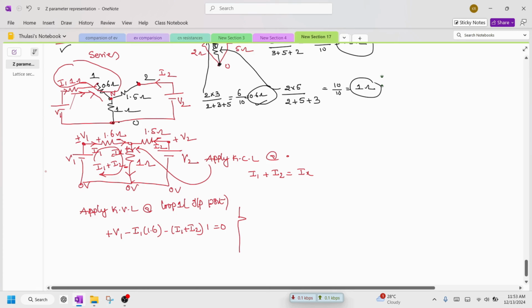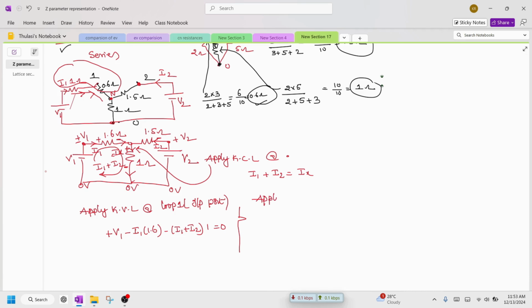Again, apply Kirchhoff's voltage law at loop 2. In this loop, the leaving polarity of the voltage is plus V2, minus the current I2 into the resistance 1.5 ohm, and in this branch the current is I1 plus I2, with leaving polarity minus, which is I1 plus I2 into 1, equal to 0.